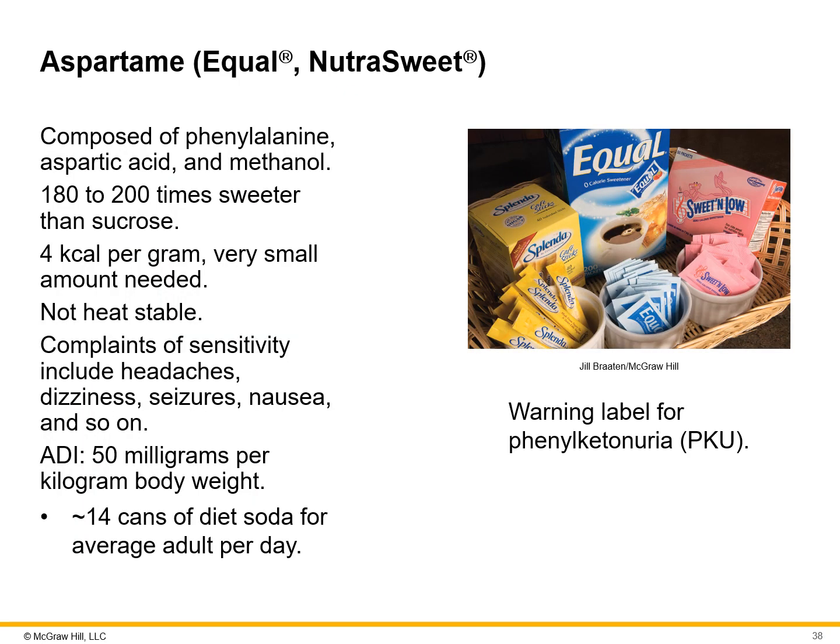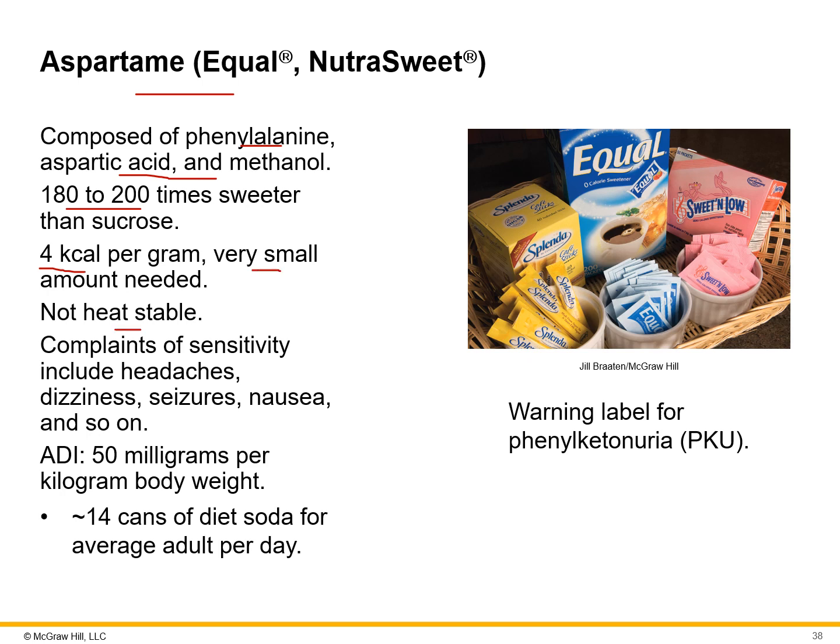And then just hitting on a couple of the more familiar ones. So the aspartame contains a few different amino acids, phenylalanine, aspartic acid, and methanol. It's about 180 to 200 times sweeter than actual sugar or sucrose. There is the 4 kilocalories per gram, but it's a very small amount that's actually needed.